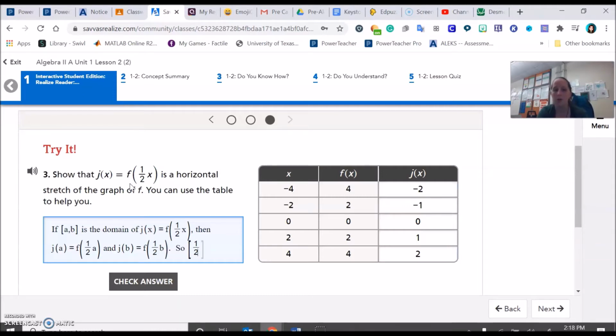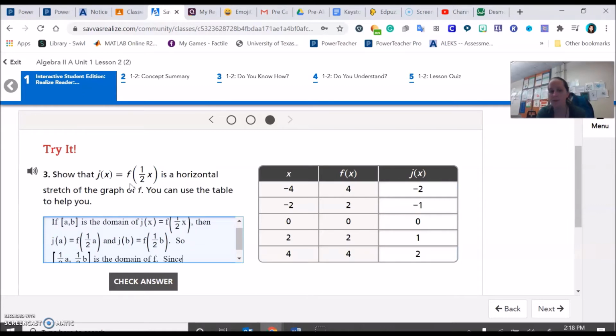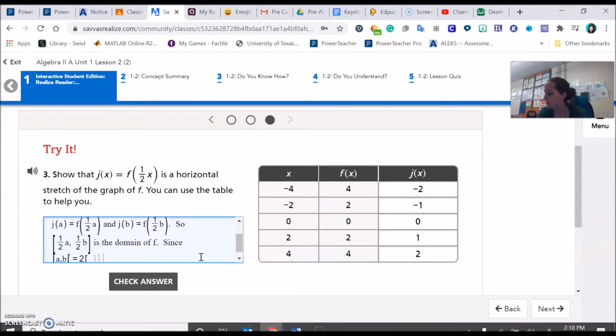So (1/2 a, 1/2 b) is the domain of f, since, okay, so again, we took each of these and multiplied by 1/2. Since (a, b) equals (-2, 2), (1/2 a, 1/2 b) is the domain of f, so the domain of f is stretched by 2 to create the domain of j.